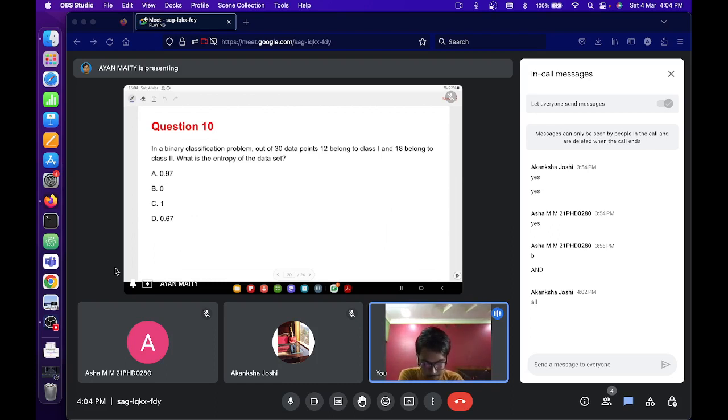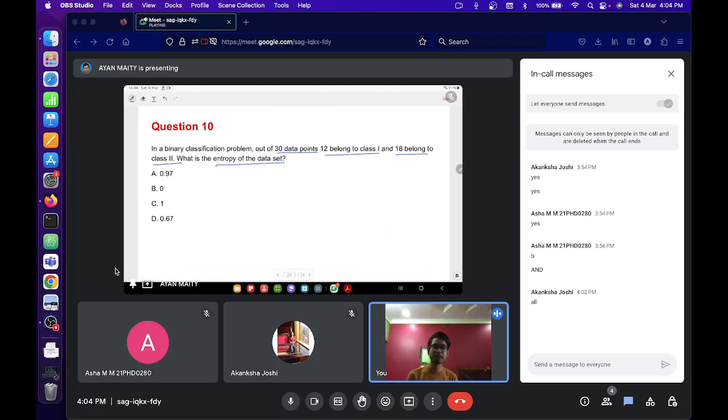Question 10. This is again on decision tree. In a binary classification problem, out of 30 data points, 12 belong to class 1 and 18 belong to class 2. So what is the entropy of the entire data set?